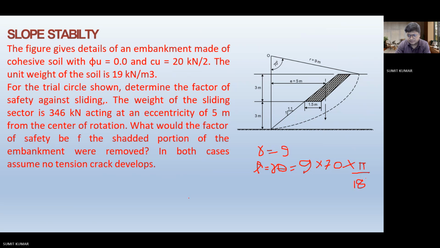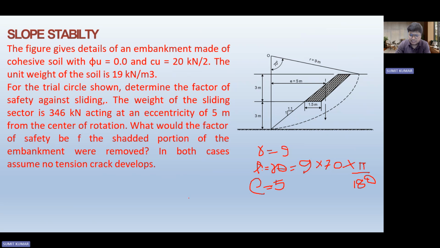So convert it in radian and find the value of L. L is found, R is found, and W is given. E is also given, as eccentricity is 5 meter.